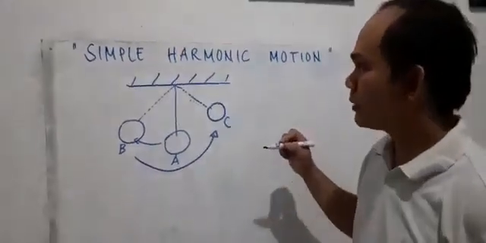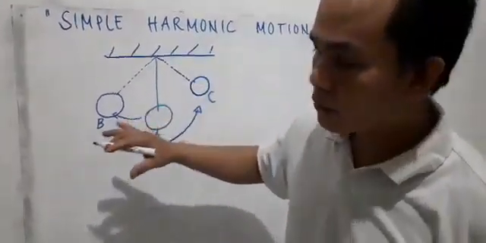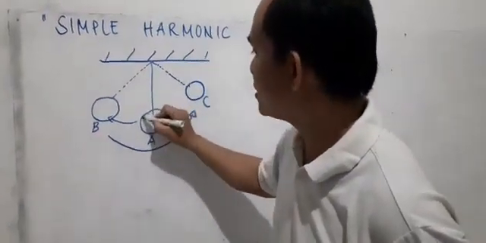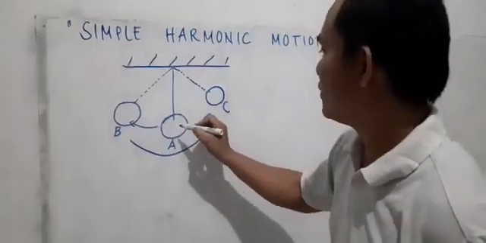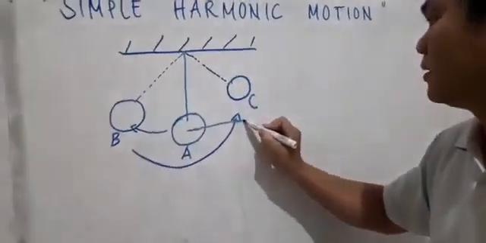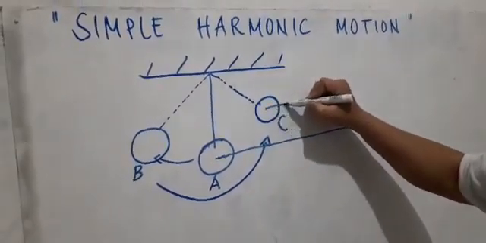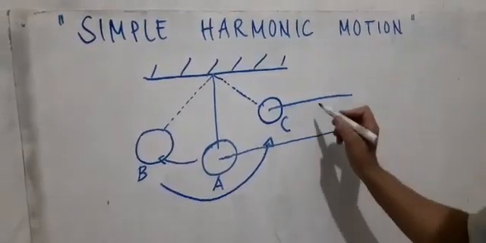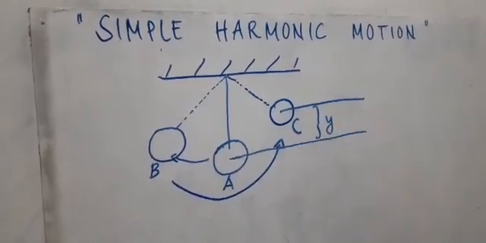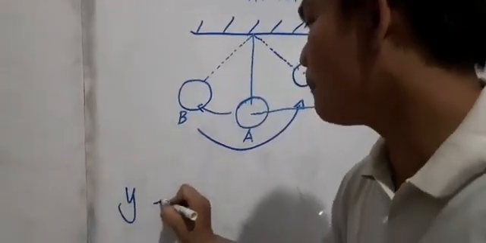The simple harmonic motion is the motion of the pendulum from its equilibrium position. If we take a line from the equilibrium position, and then a line from this position like this, we can get the distance between them, that is y. So y is the deviation of the pendulum.